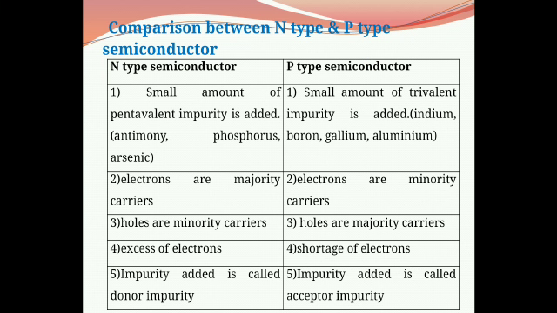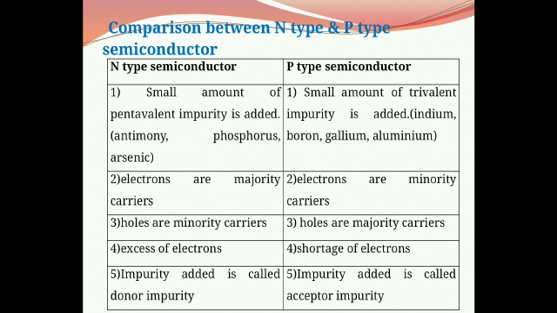Examples of pentavalent impurities are antimony, arsenic, phosphorus. In a P-type semiconductor, when a small amount of trivalent impurity, that means having 3 valence electrons, is added to pure silicon or germanium, that type of semiconductor is called a P-type semiconductor. Examples of trivalent impurities are indium, boron, gallium and aluminium.